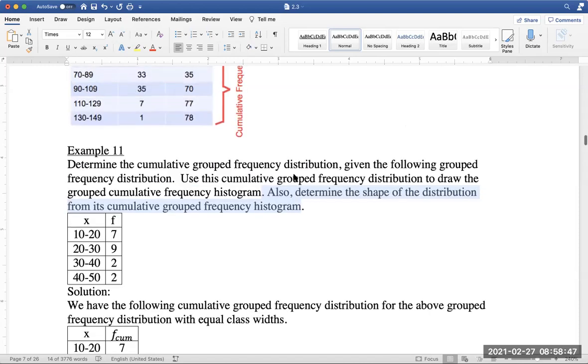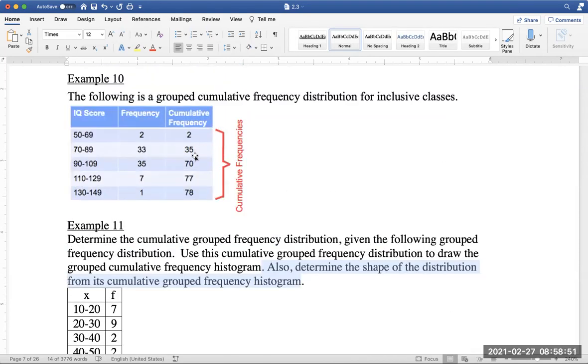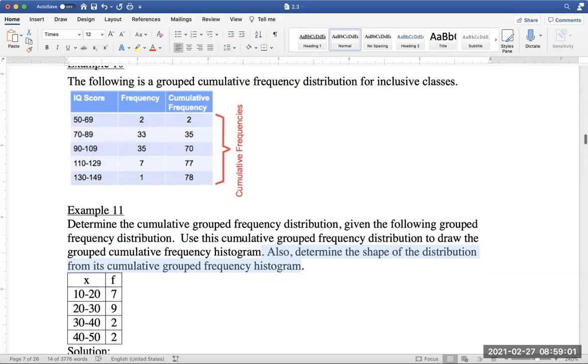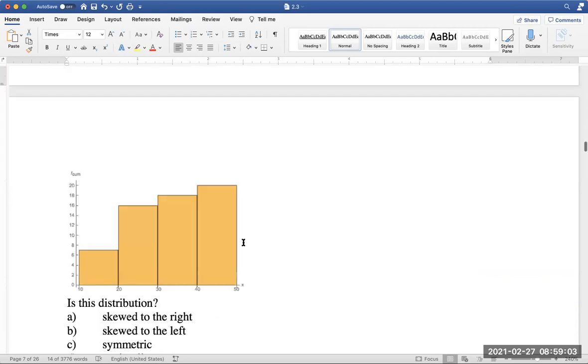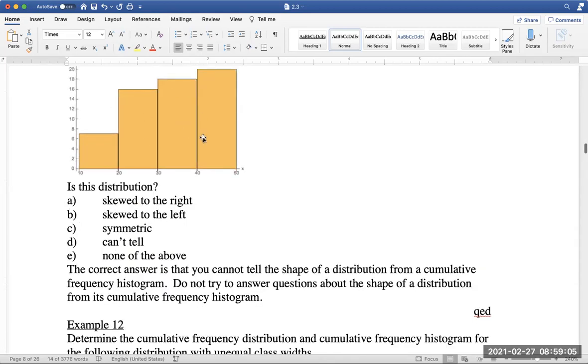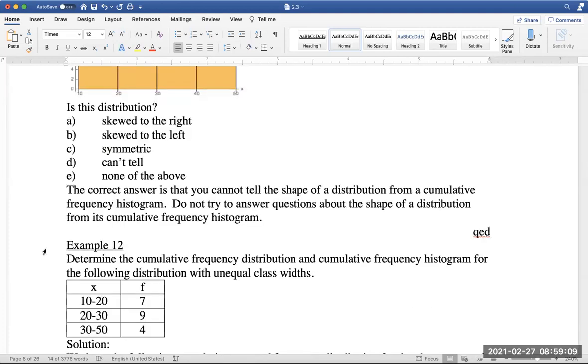Because they always have the same sort of pattern: it starts low and then it becomes high. It always looks like that. It goes from low to high, and it doesn't matter what the distribution is. They'll always look like that. So don't try to determine shape from cumulatives. Okay, so that was a trick question.